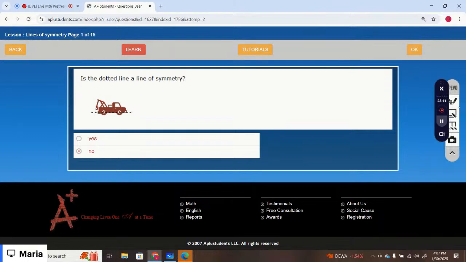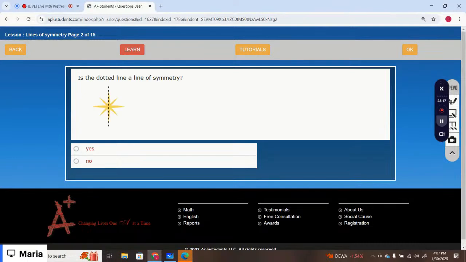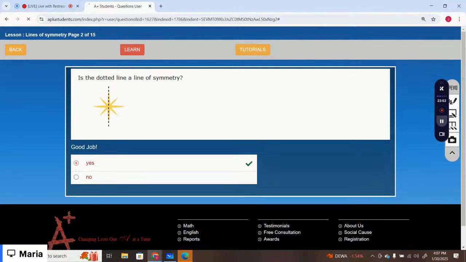Next: is the dotted line a line of symmetry? The correct option is yes, that is a line of symmetry. If you fold the image along the dotted line, the two sides are exactly the same.